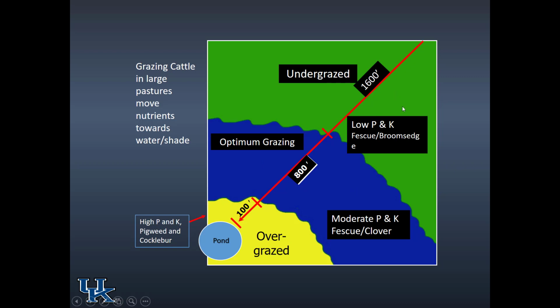In other words, the nutrients were moved from the pasture area and deposited in the area closest to the water. Of course, this is going to be overgrazed, and it's going to be a site where pigweed and cocklebur and other weedy forages will come in and encroach into your system.